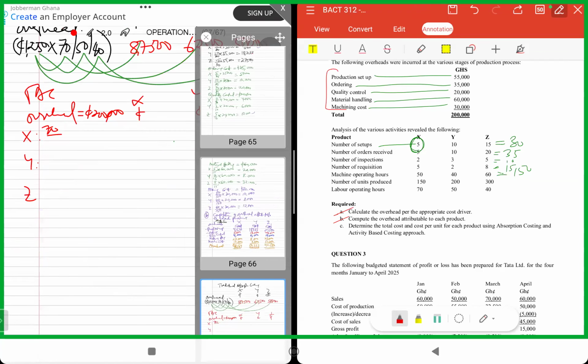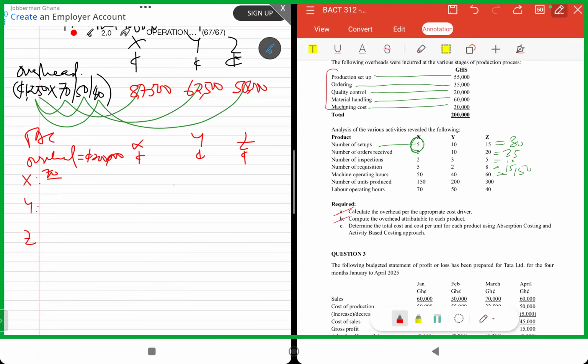We are doing it like the same cost drivers. So one cost driver for X over the total cost driver, 160. The other cost driver is 50 for Y over the total cost driver. The other is 40 over the total cost driver. Then we multiply each of them by the overhead. We are sharing the 200,000.